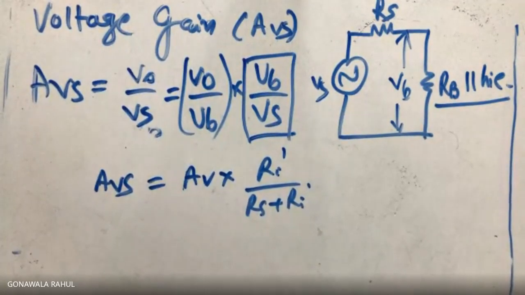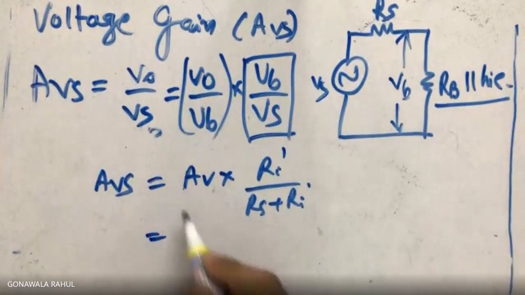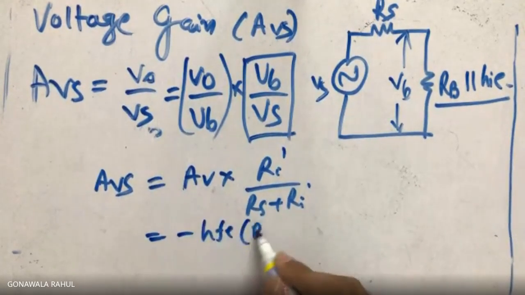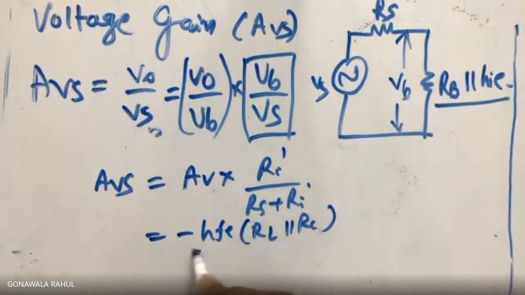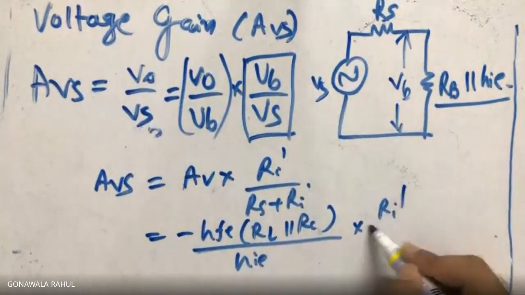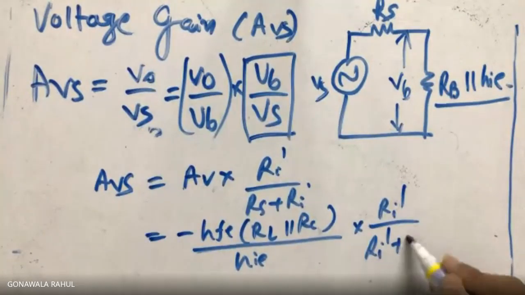Now, as we know, putting all the values of AV, we had minus hfe into RL parallel RC upon hie, into Ri dash upon Ri dash plus Rs.